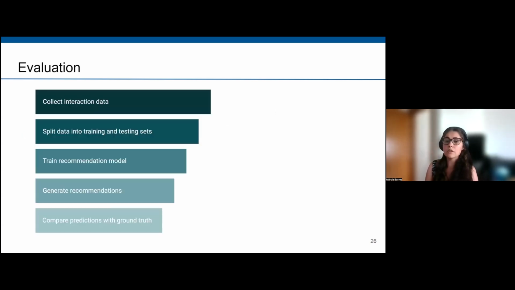Okay, the evaluation setup, as I already told you, is mostly the same. We collect interaction data, split into training, testing, and sometimes into validation, train the model, generate recommendations, and compare the predictions with the ground truth.